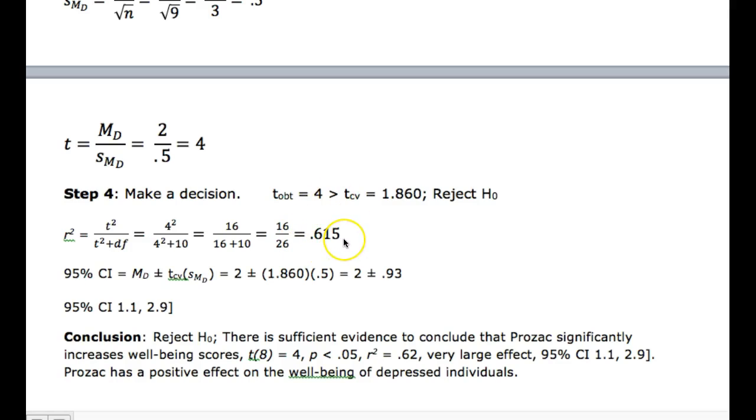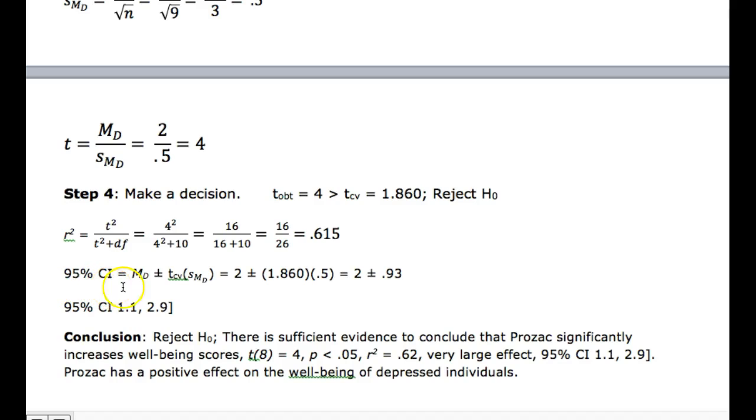So 62%, let me make sure that I said this correctly. 62% of the variability in our dependent variable is due to or caused by our independent variable, right? So approximately 62% of variability in well-being scores is caused by taking Prozac. That's what this means, all right? And by the way, this is a very large effect.